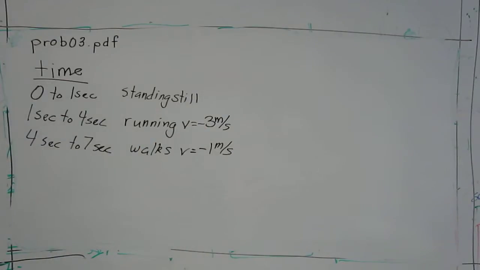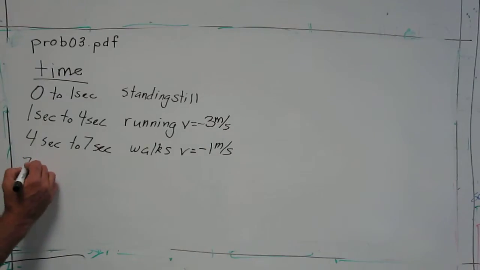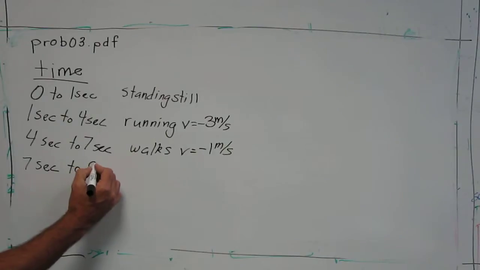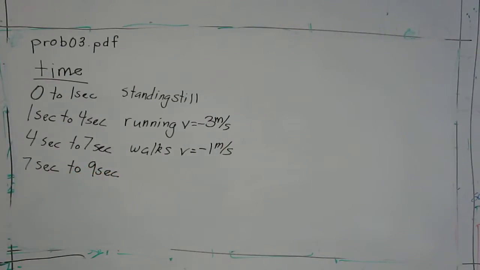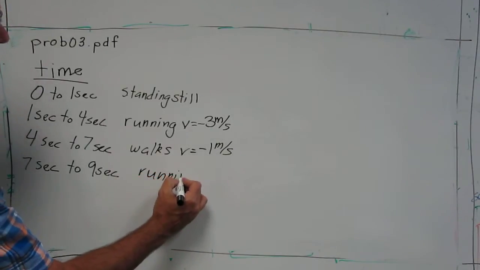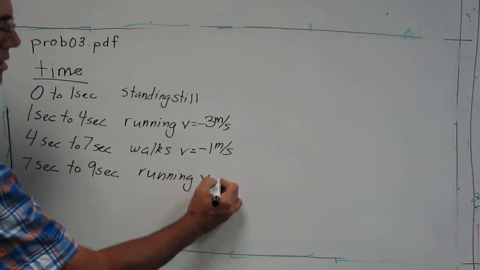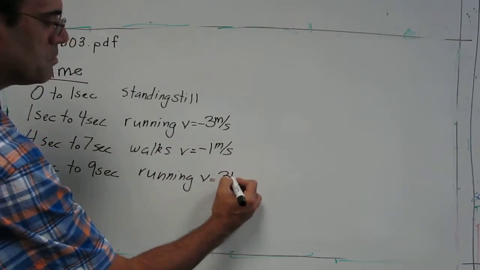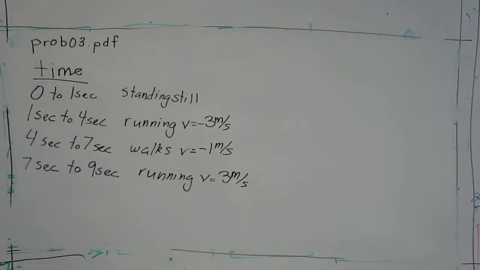And finally, for the last 2 seconds, which would be from 7 seconds to 9 seconds, the person runs in the positive x direction. So running, v equals 3 meters per second. That's positive.